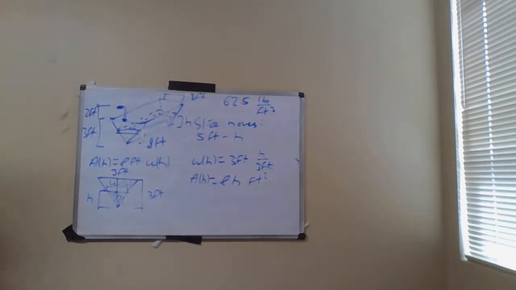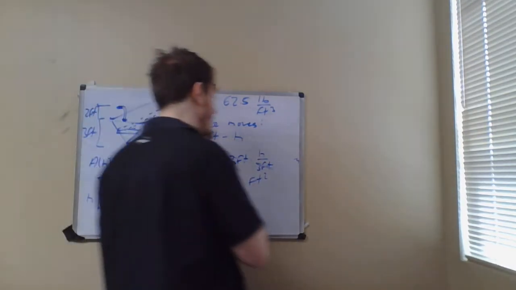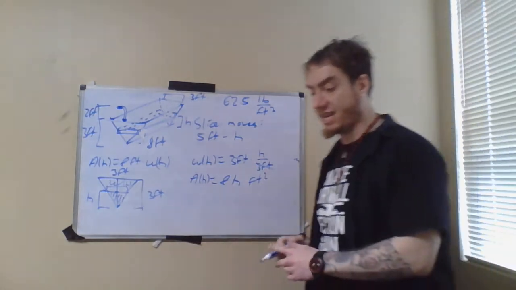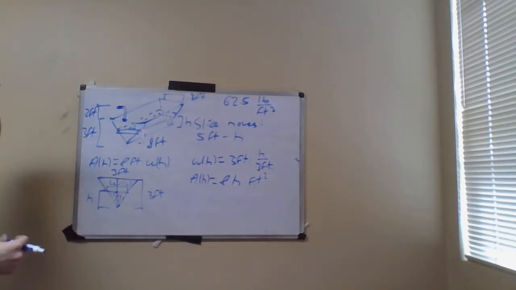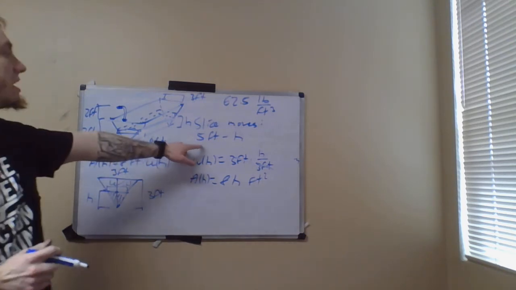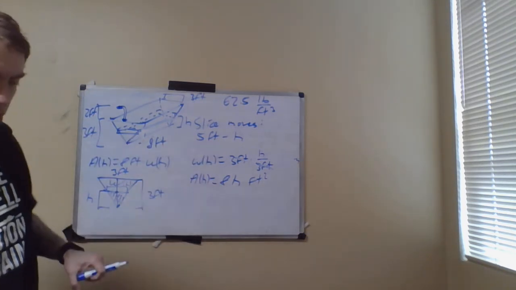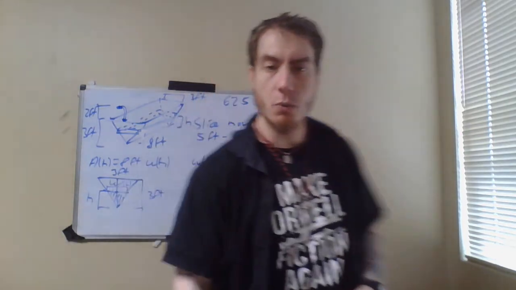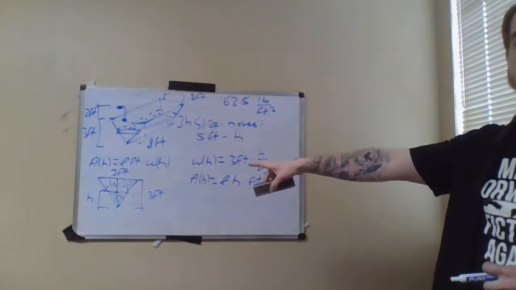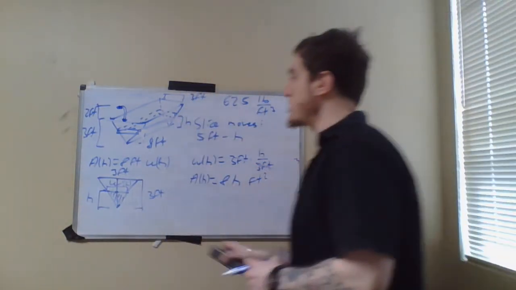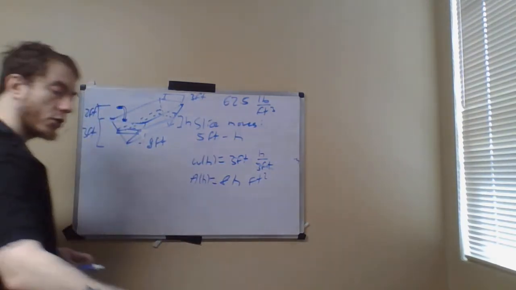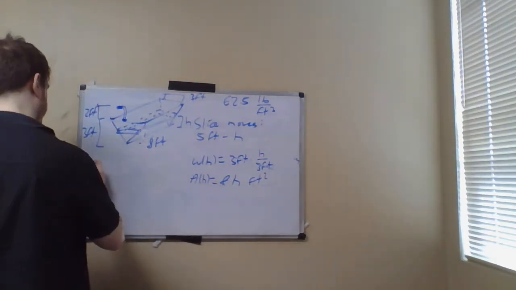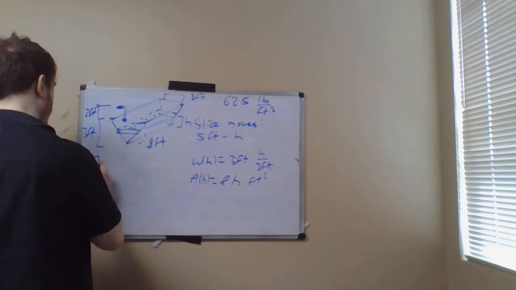The volume is then going to be the area times delta h. And the distance that we're going to be moving this thing is going to be 5 minus h. So we can now set this up. Now, I hope that you have this written down because I'm going to be erasing it here. So we're going to be integrating from 0 up to 3.